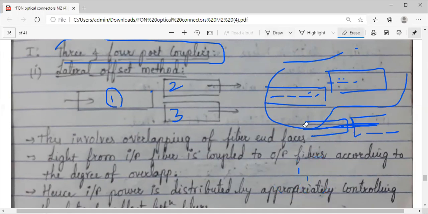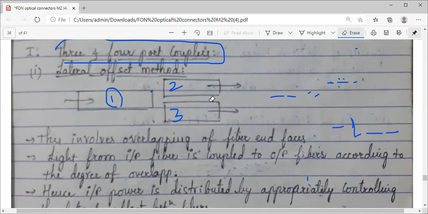So that lateral offset concept we are taking here. You can see they are not aligned. If you see the first optical fiber axis, and the second and third, they are not aligned. There is an offset here. The common area available between first and second is only this much, and for the first and third, the common area available is only this much. So this involves overlapping of the fiber end faces.